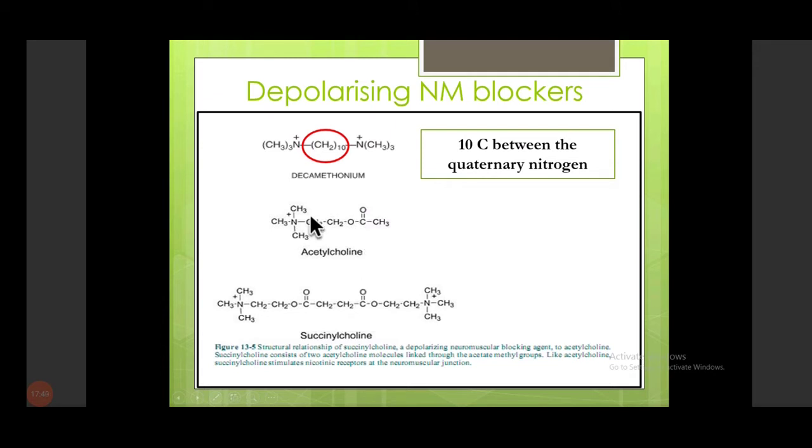Similarly, we have acetylcholine. This is the molecular structure of acetylcholine. To understand succinylcholine, which is a prototype of a depolarizing neuromuscular blocker, succinylcholine is nothing but two molecules of acetylcholine combined together.